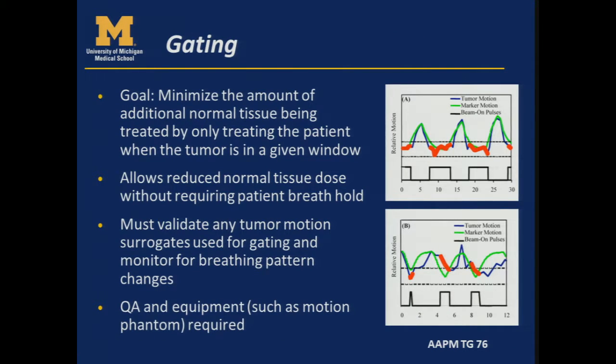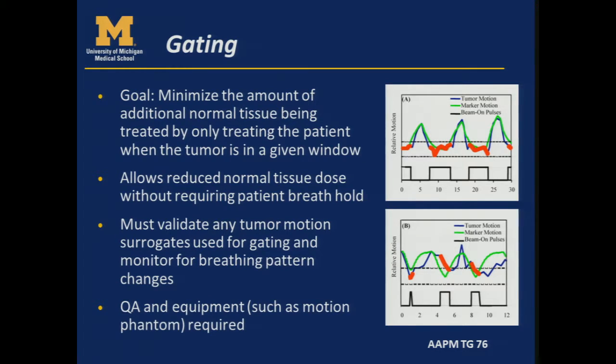And then there's gating. So the goal of gating is really to minimize the amount of normal tissue being treated by only treating the patient when they're within the gate window. Of course we know that this increases treatment time because it reduces the amount of time that you're actually treating the patient when they're on the table. It also allows you to treat more patients with this technique than, say, breath hold.